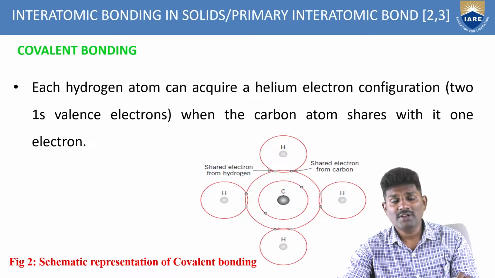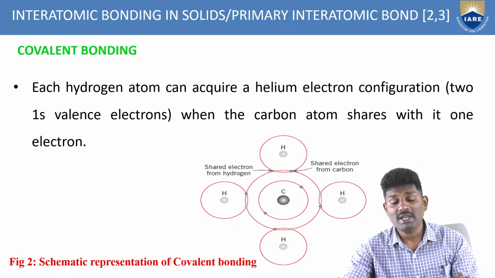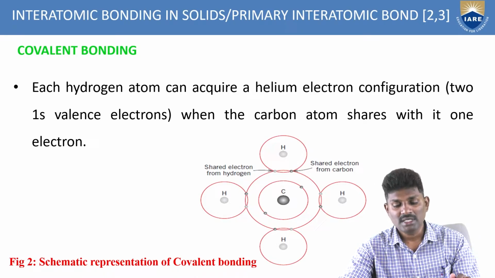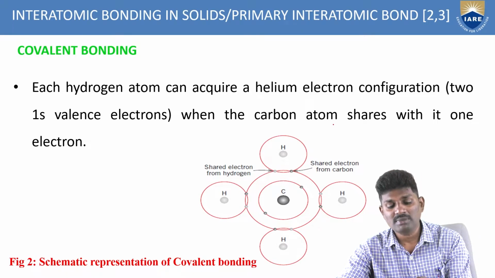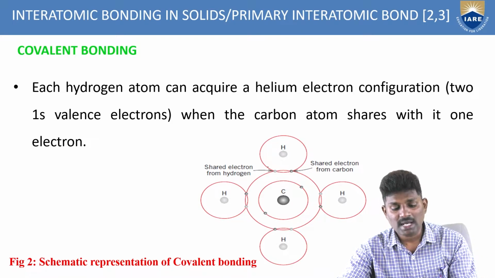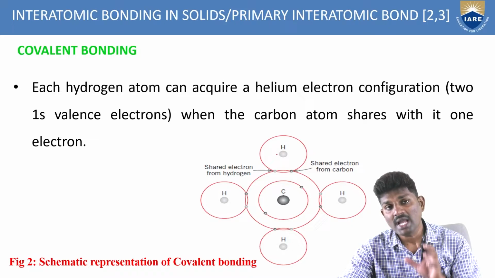So each hydrogen atom can acquire a helium electron configuration. How we are getting that hydrogen to helium configuration: here the carbon atom shares with it 1 electron. So each carbon atom is sharing with the hydrogen.